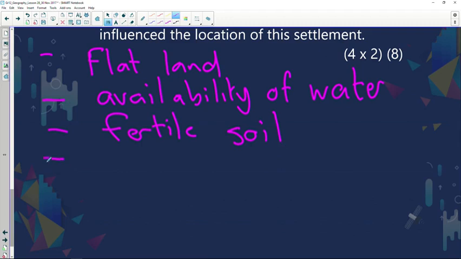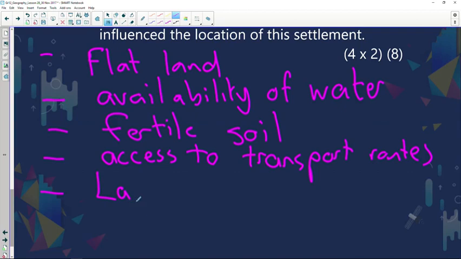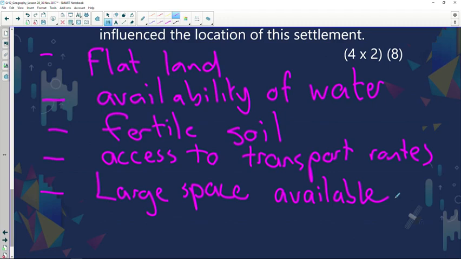And as you can see on the photo we looked at before, there's access to transport routes, because the farm might be farming perishable goods, so they need to be able to transport their goods to the market, and there's a large space available for farming to take place. Okay, so that's the reason why they chose that settlement to practice farming.